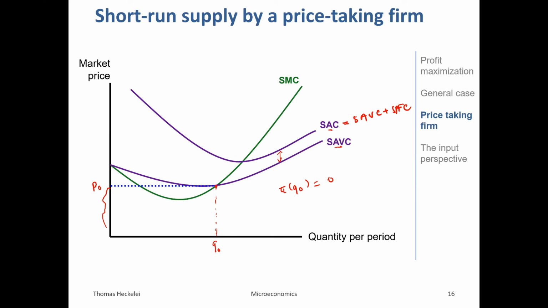No, actually it is negative. Why? Because what you get is even below the average cost in total. So you still need this part to cover your fixed cost, so that is lost already. How about going further below P0?